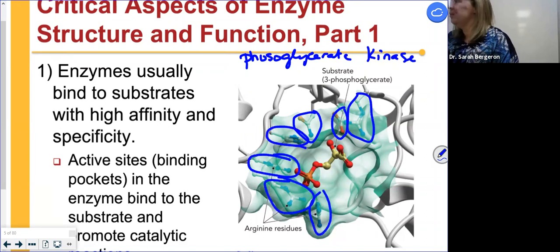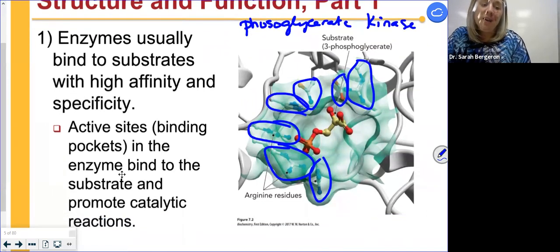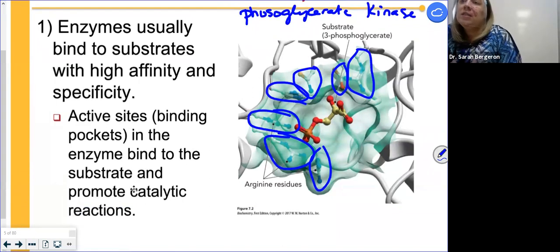What are those things? They're side chains. They're amino acid side chains. That is what is going to facilitate the interaction between the substrate and the enzyme, right? And so when your substrate binds, it's these residue side chain interactions that promote our catalytic activity.